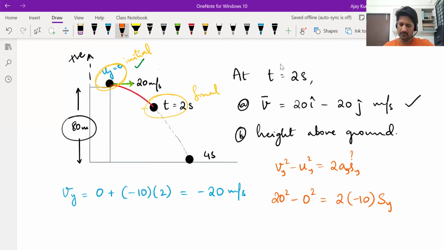This is correct only because here the y component of velocity was minus 20, we already found out. And here the y component of velocity was 0. So we get this, and you get displacement in y direction as 20 square by 20 becomes minus 20 meters.